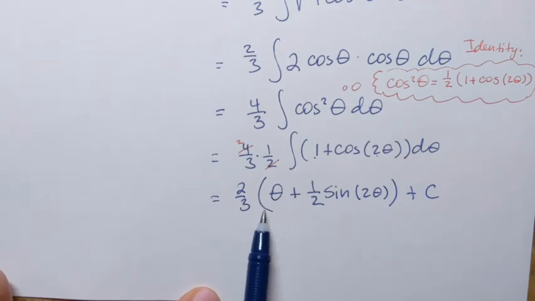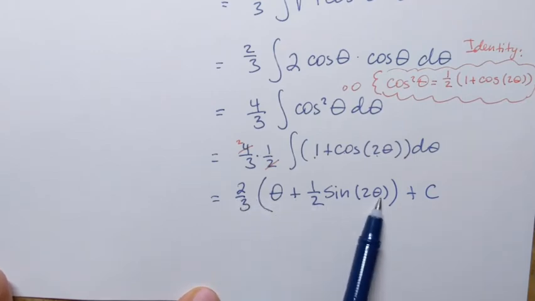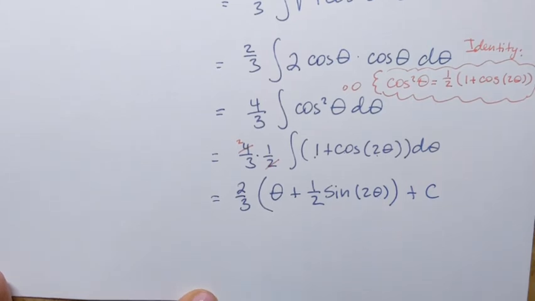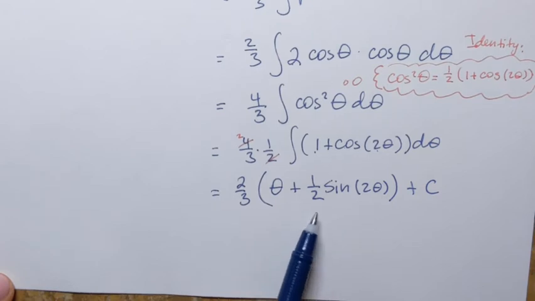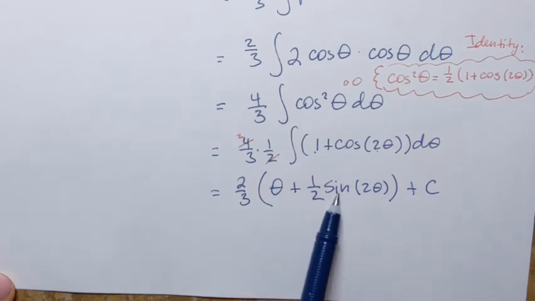Now, are we done? Not quite yet, because we have everything in terms of theta, and we need to return to the original variable of integration, which is x. How do we do that? We have to look at our original substitution and use that to express whatever we have here, which is theta and sine of 2 theta, in terms of x.